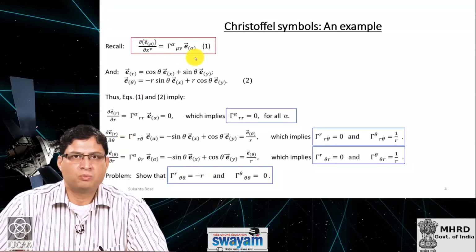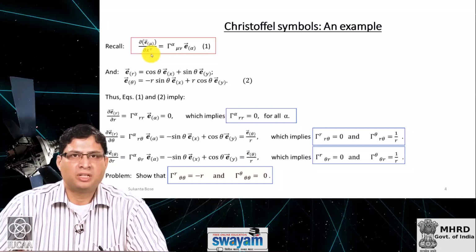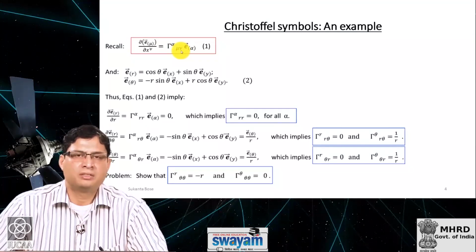We go back to equation 1 and we realize that mu now is r, because we are still working with Er, but nu has to be the theta coordinate. So nu is the theta index. That means in the Christoffel symbol we will be able to figure out, hopefully, gamma alpha r theta, because mu is r and nu is theta. Alpha can be r and theta, so there are two Christoffel symbols that we hope to shed some light on.